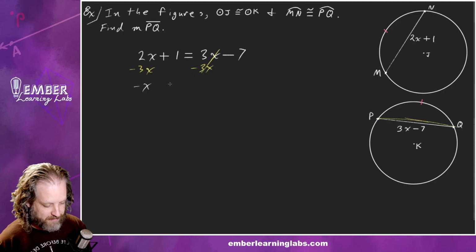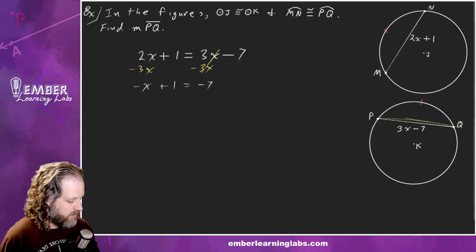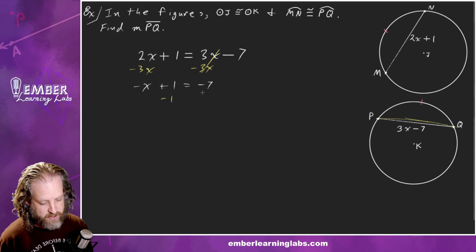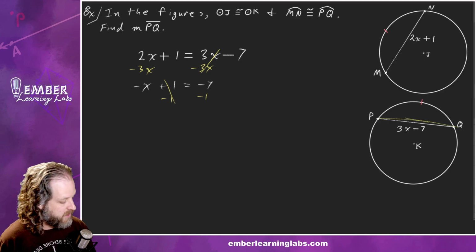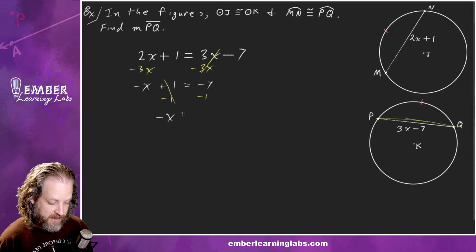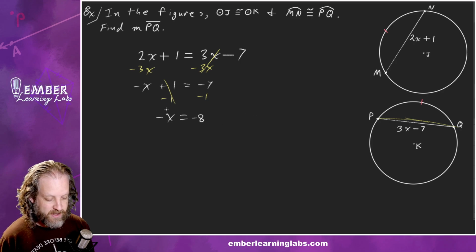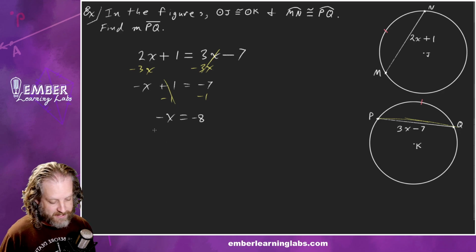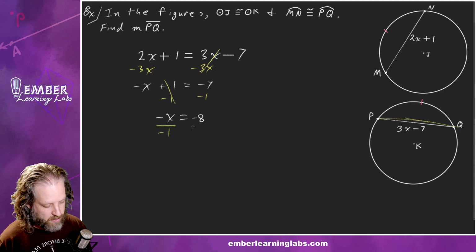I know this is going to give us one extra step, but it'll be fine. And then we can subtract 1 from both sides. Those cancel, leaving us with negative x equals negative 8. We've got to get rid of that negative. How do we do that? By dividing by negative 1. So x equals positive 8.